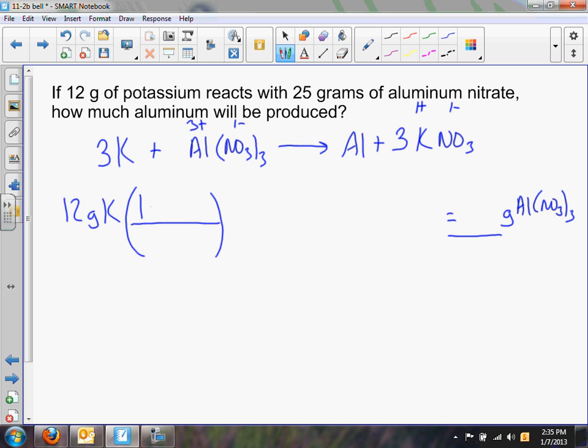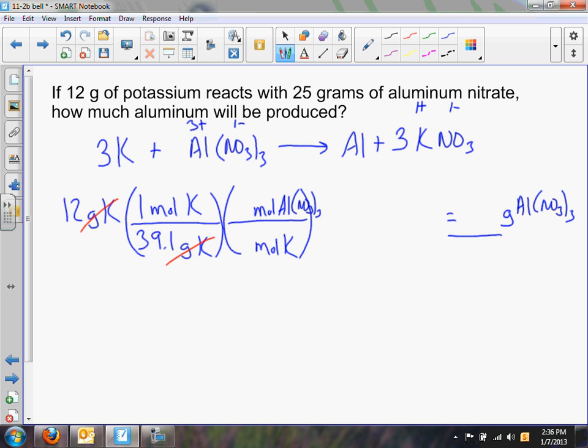First step is always to change what you're given into moles. And the molar mass of potassium is 39.1 grams in 1 mole. Grams cancel out. I've changed it into moles. Second step is the molar ratio. So I can get rid of my moles of potassium by putting them on the bottom and turning that into moles of what I'm looking for, aluminum nitrate.